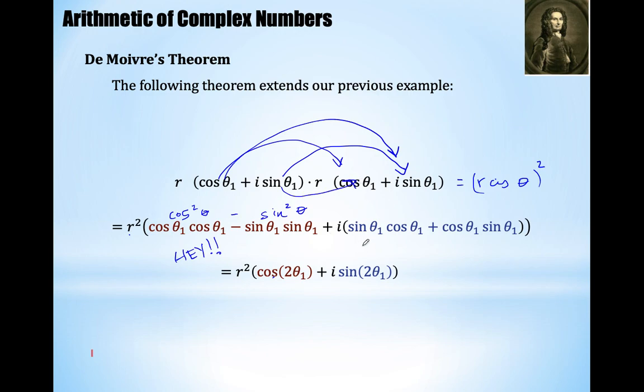Factoring out the i, I get sine theta times cosine theta plus sine theta times cosine theta. Isn't that two of those? Hey now! That is the sine double angle. Holy guacamole!